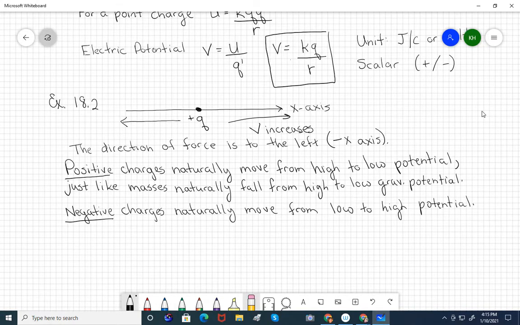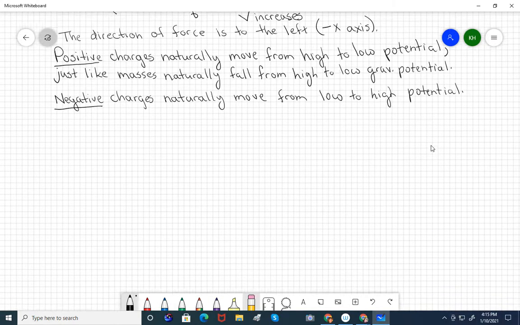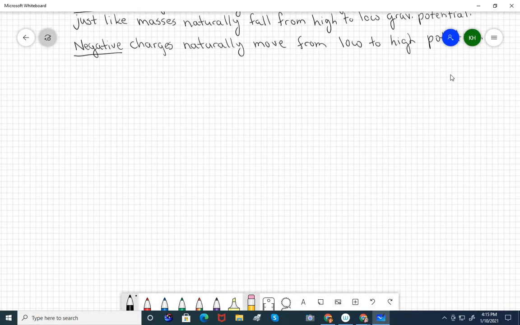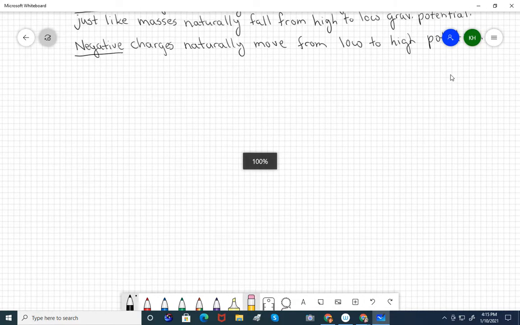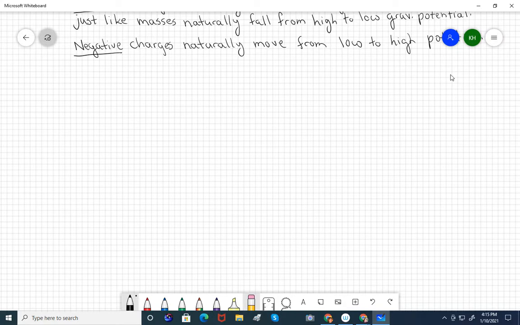All right, let's do something with a little more math. This is example 18.3 from your textbook. It says that we have 2 electrons.